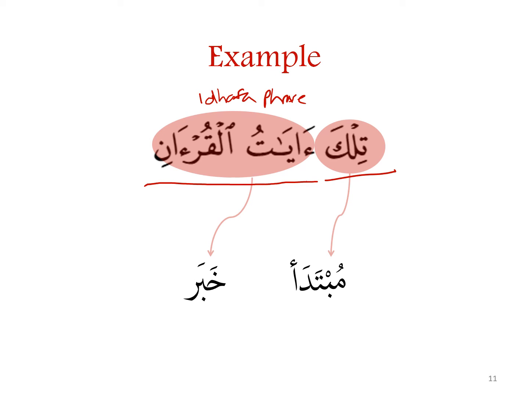And the sign of that is, first of all, a word which has no alif lam and no tanween, which is unusual to see. That's because it's acting as the mudaf to the mudaf ilayhi, which is the second word here, because that ends with a kasra. So seeing that, it means it's an idafa phrase, something of something, or a possessive.